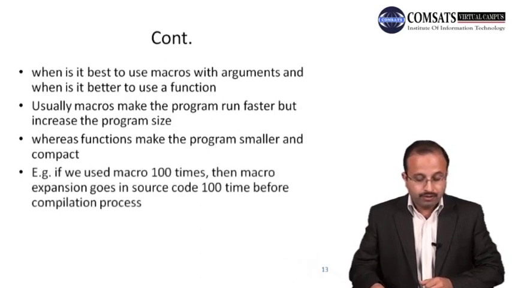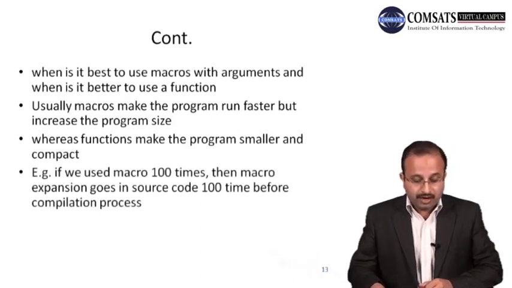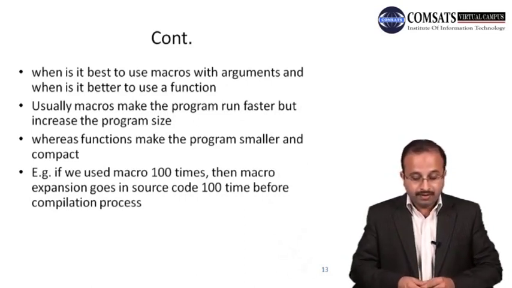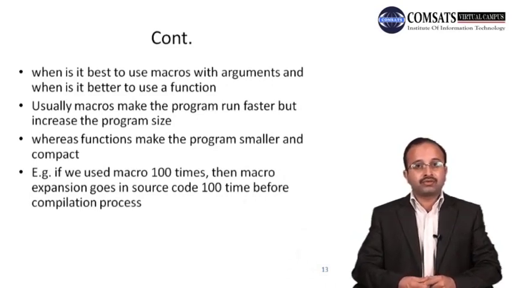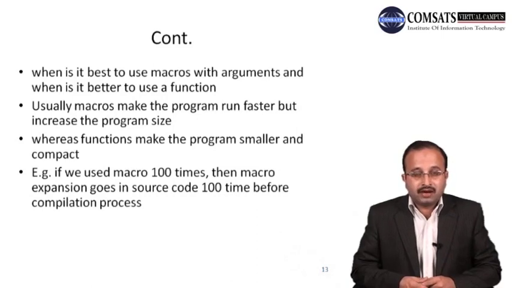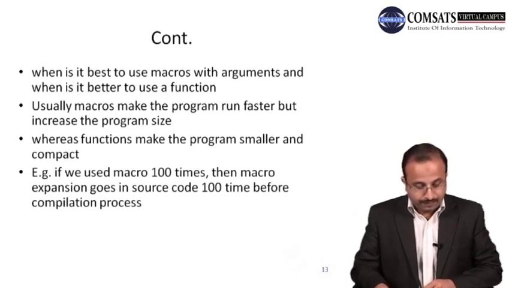So for example, if we use macros 100 times, then 100 expansions go in the source code before the compilation process. So आपने 100 टाइम्स मैक्रो यूज़ किया हुआ है, सो कोड एक्सपेंड होगा, वो तमाम के तमाम एक्सपेंशंस 100 टाइम्स सोर्स कोड में आएंगी. So even if the expansion is, let's say, 1 line, then it increases 100 lines in the source code.